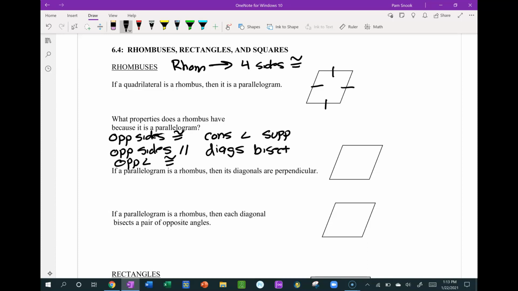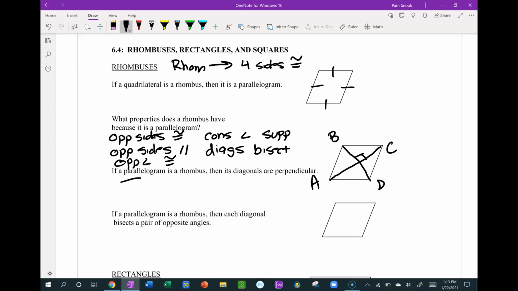So add to all of that, if it's a rhombus, the diagonals are perpendicular. So I'm going to sketch in these diagonals. I'm going to call this A, B, C, and D. And they're perpendicular to each other, so I'm going to put a perpendicular mark in there.